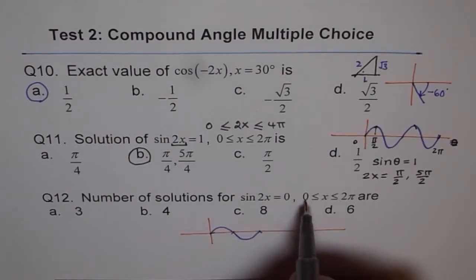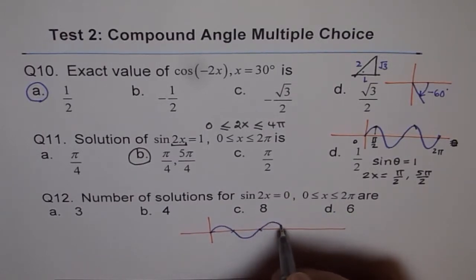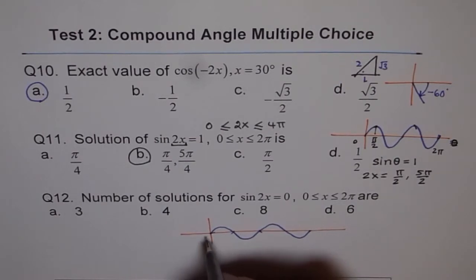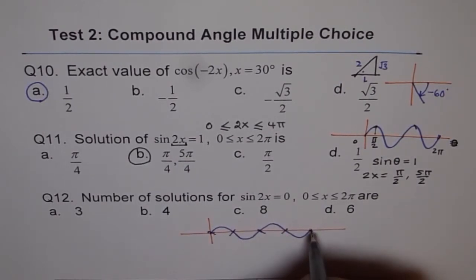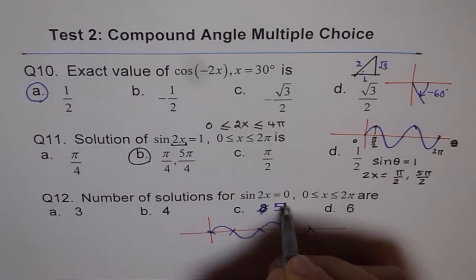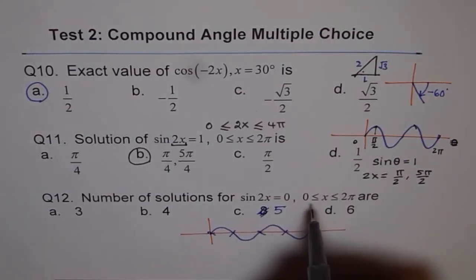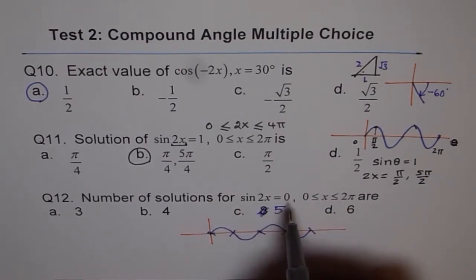So within a domain of 0 to 2 pi, there will be two waves like this, not just one. And therefore, the number of solutions will be 1, 2, 3, 4, and 5. So none of these. Again, this should have been 5. There's a typing error here. So we get 5 solutions in this domain of 0 to 2 pi for sine 2x equals 0.